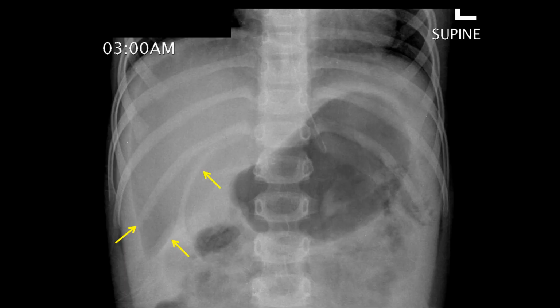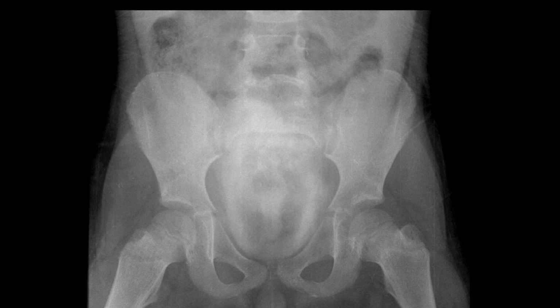The plain X-ray done after the CT shows the excreted contrast agent delineating the liver and the hepatorenal recess. At the pelvis, the contrast agent delineates the urinary bladder wall from inside and from outside.